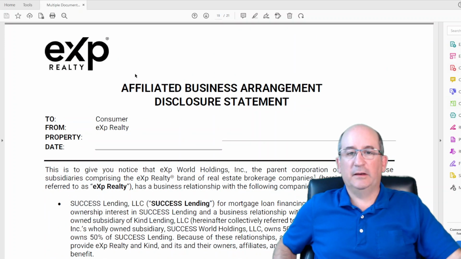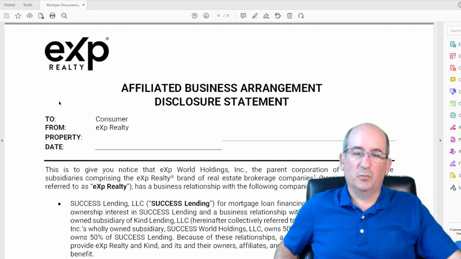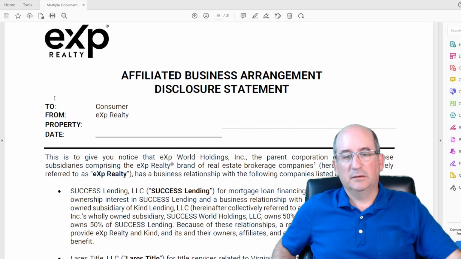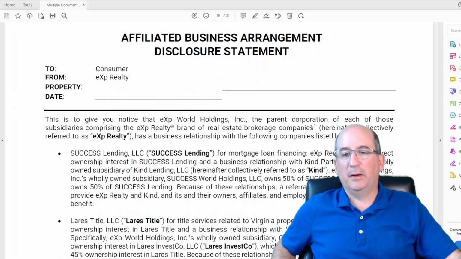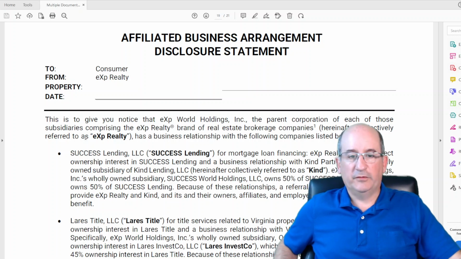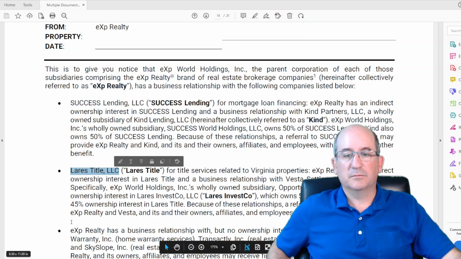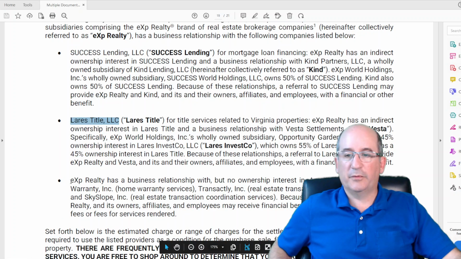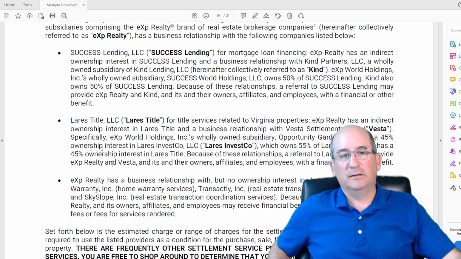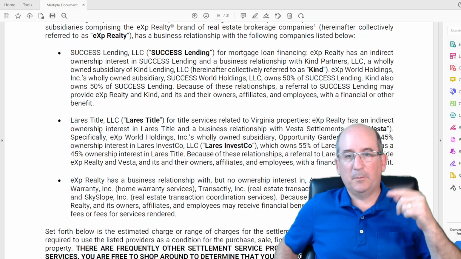Okay, this one is an eXp Realty form. Honestly, this one's a little more, I find, annoying because eXp's parent company owns other real estate associated businesses, which include Success Lending, Laird's Title, and they have a business relationship with America's Preferred Warranty, which means that eXp could get kickbacks.